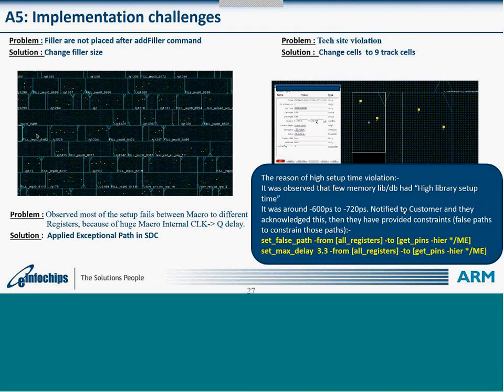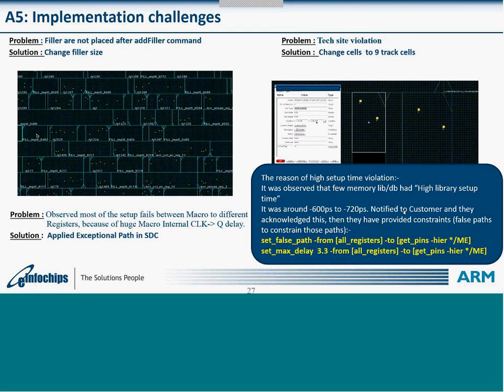You could see numbers from 600 ps to 720 ps, so those paths were failing. When we started debugging, we found that those are the critical paths. So we waived them through the SDC and set them as false paths.